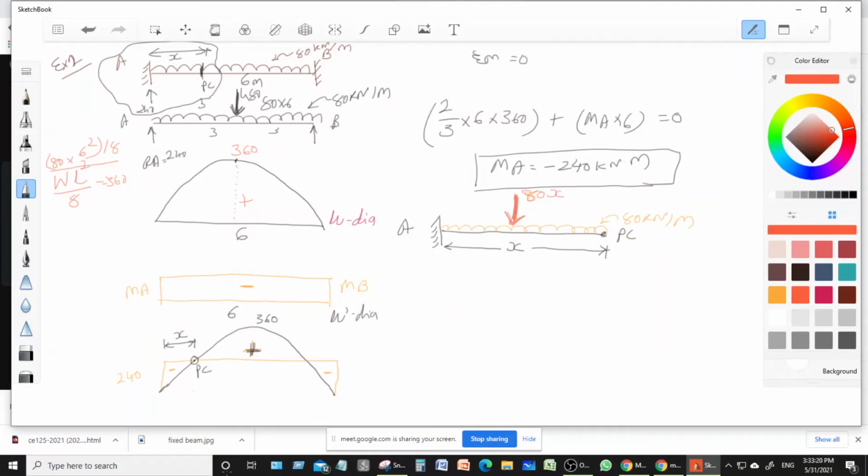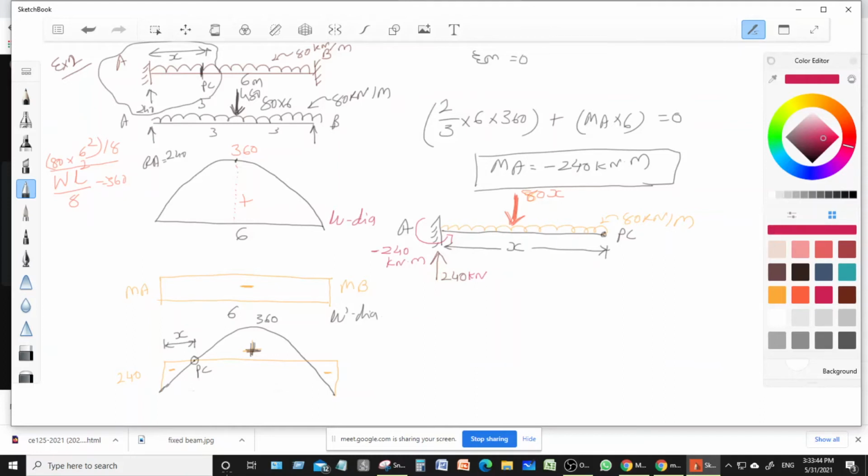And here we already derived RA, so RA is 240. At the same time you have one moment over here, that is MA. We already found that, it is 240 kilonewton meter. This is kilonewton because it is a load, and this is the moment, kilonewton meter.